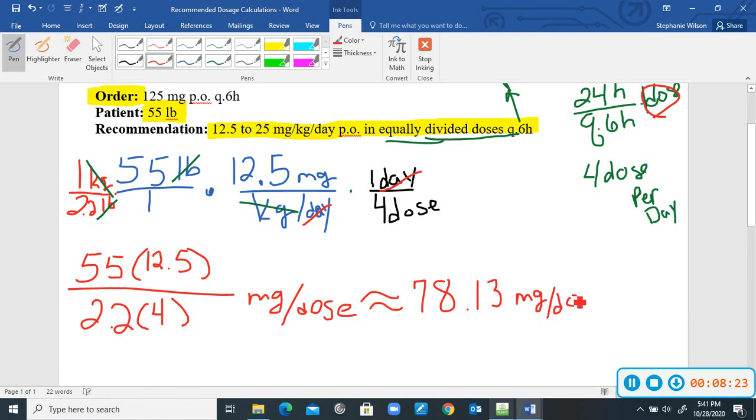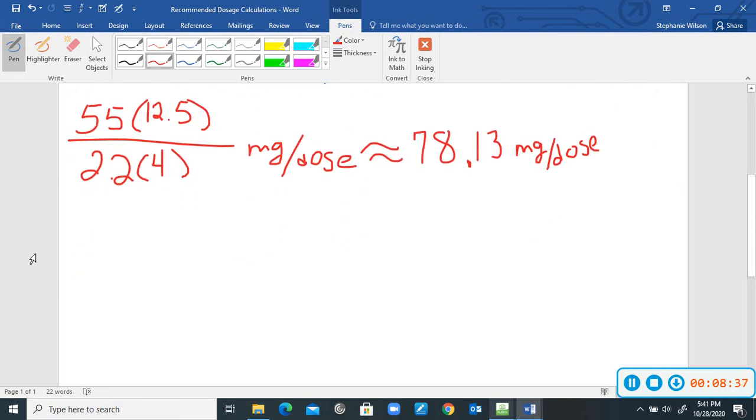Now we need to find the maximum, because in order to determine if what the doctor prescribed is safe, we have to make sure it doesn't exceed the maximum amount. Okay, so that was the minimum. Let's do the maximum.